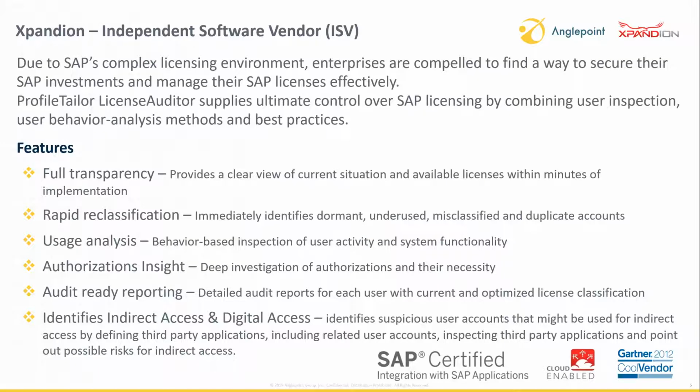Last but not least, Expandion shows the results in easy to follow reports and Excel sheets. So basically, you can definitely go further into those analyses. As you can see, the features. The main feature of SAP licenses that the system provides are full transparency of the client's current SAP license situation, and then it goes to optimization opportunities and risk analysis of indirect access and digital access that we will speak about later.